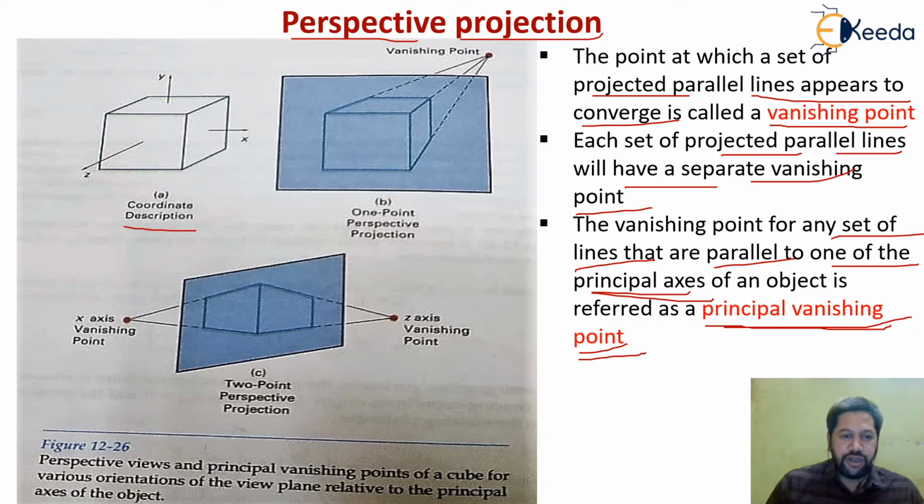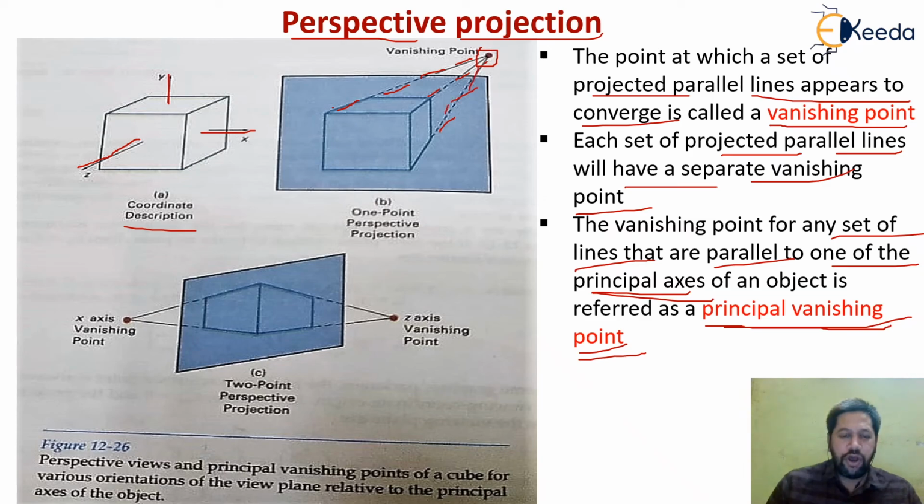This is the x direction, this is the y direction, and this is the z direction of the original object. Now in B, if I consider this as my vanishing point, all the parallel lines that I have are going to converge at this point.